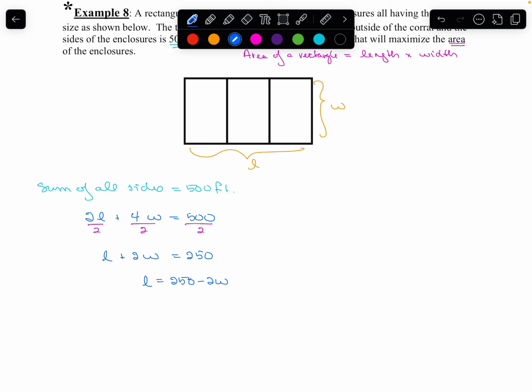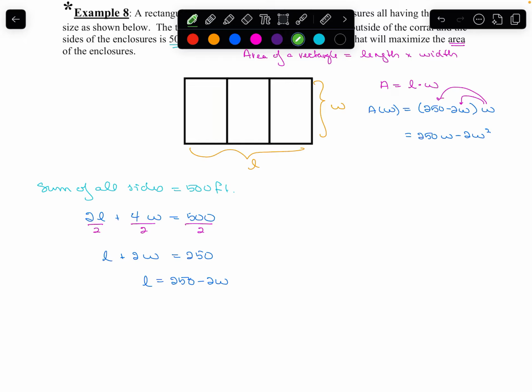Now that I have that, when I go to the area is equal to length times width, I write it in shorthand there. Instead of it just being a formula for area, I'm going to write it as a function in terms of width. So I can replace length with 250 minus 2W, and now times W. I distribute that W to get 250W minus 2W squared.